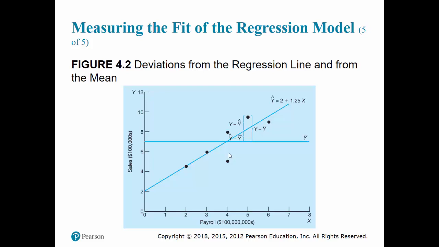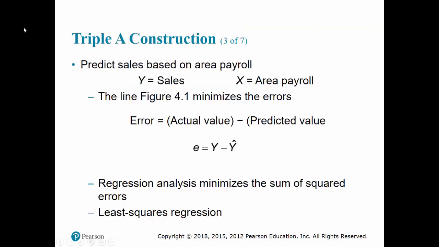So then you get the sum of squared error. Here is the actual value minus the predicted value, which is the line, y hat. So the difference y minus y hat is our error, and you square that error and add them up, and you get the sum of squared error.